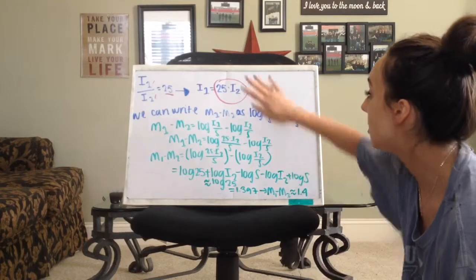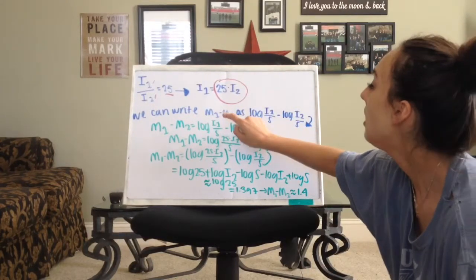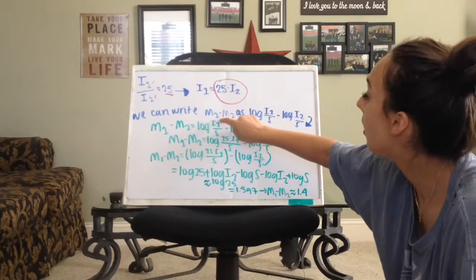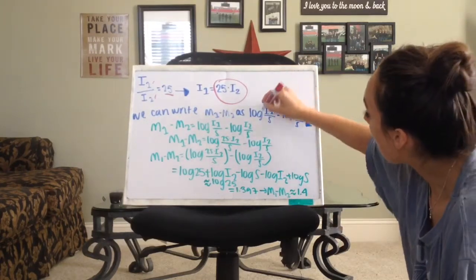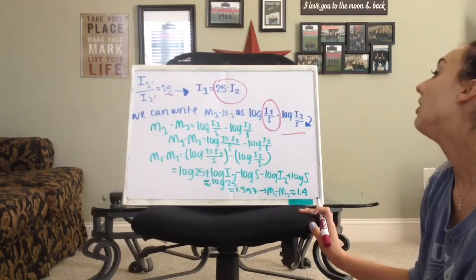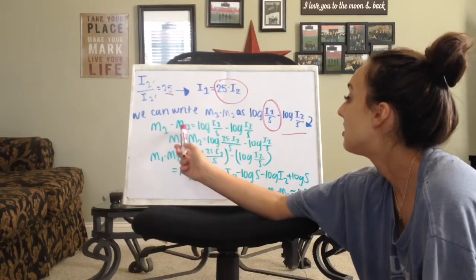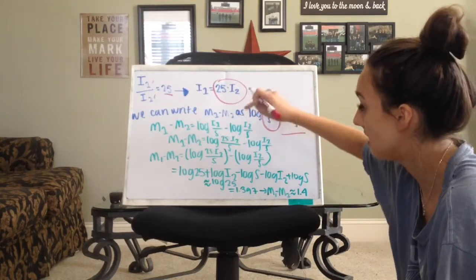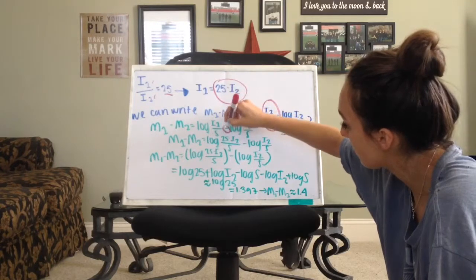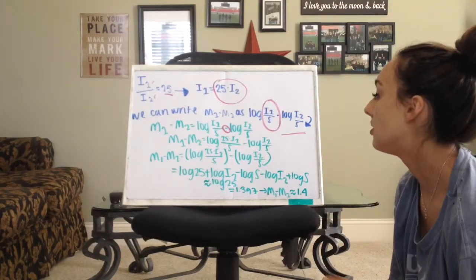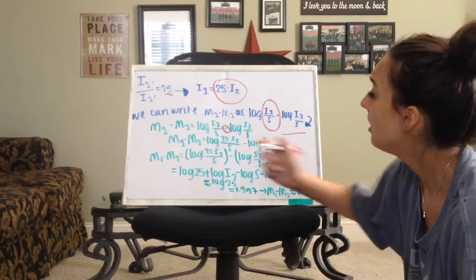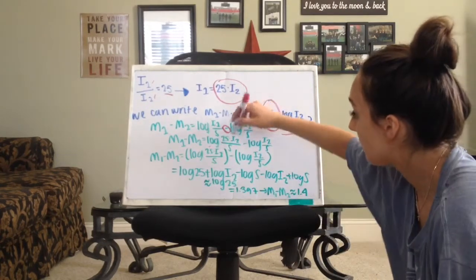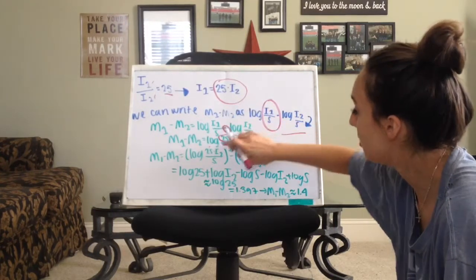So we can write this equation as the magnitude of 1 minus the magnitude of 2 as log of I1 over S equals the log of I2 over S. So it'll be the magnitude of the first one minus the magnitude of the second one, which will equal the logarithm of I of the first over S minus the logarithm of, just make sure you realize this minus, it's not a times, minus the logarithm of intensity 2 over S. And so that'll be the measure of 1 minus the measure of 2 equals logarithm of 25 times I2 over S. So you multiply the second one by 25 like you did up here.